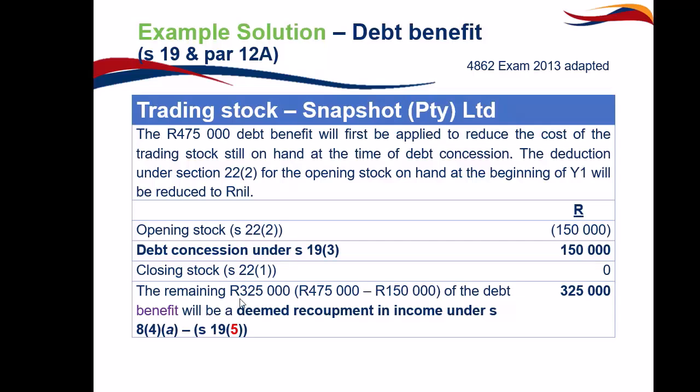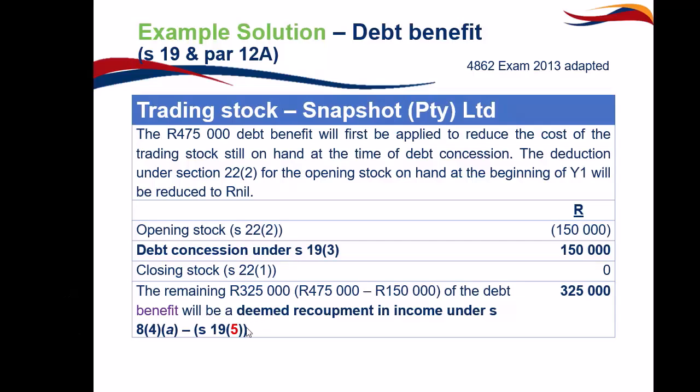So what are we going to do with that balance of 325,000? What we're going to ask ourselves, what is it relating to? So that 325,000 relates to the stock that was purchased and it's no longer on hand. So there we're looking at Section 19.5.